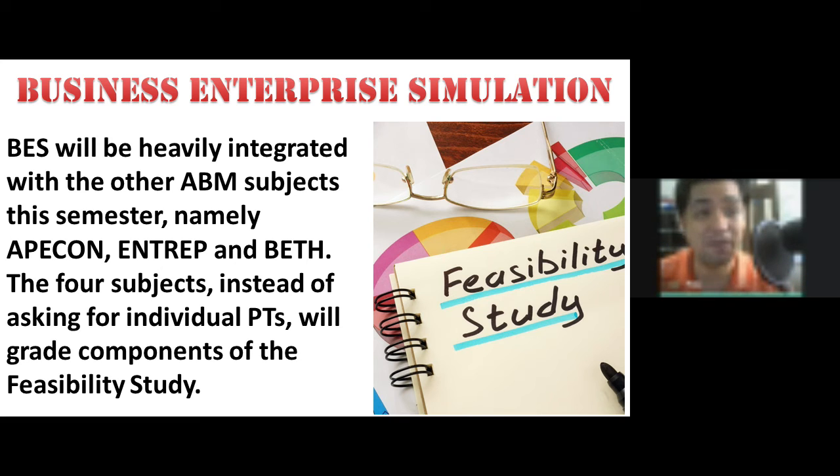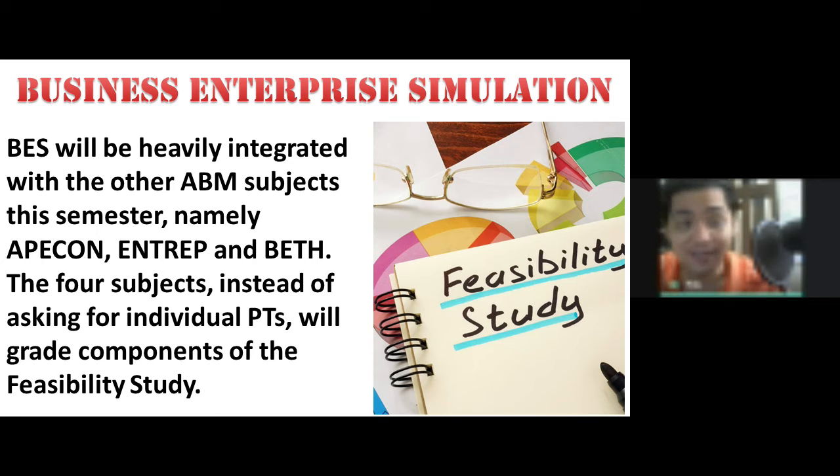I know that when I say it's going to be a paper, students usually roll their eyes. Just so you know, even though the FS is a paper, it is integrated with APECON, ENTREP, and BEF.